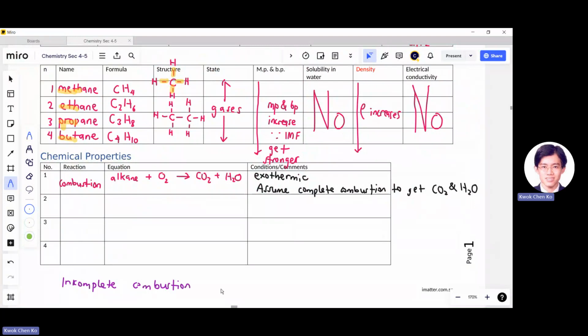You may still get CO2, but you will get CO and or carbon as products. Jingjie, this one, CO and or carbon may be formed as products if there's incomplete combustion.